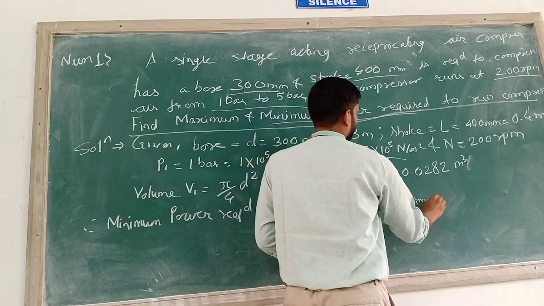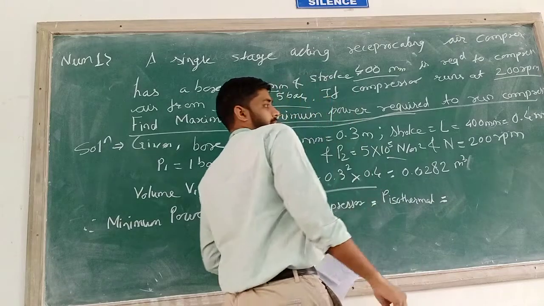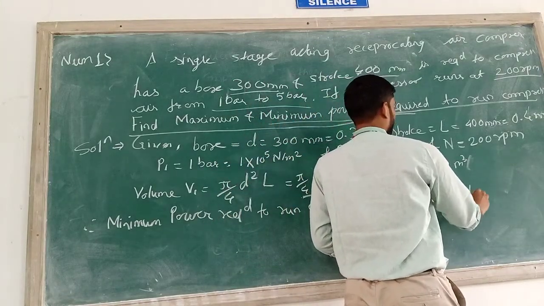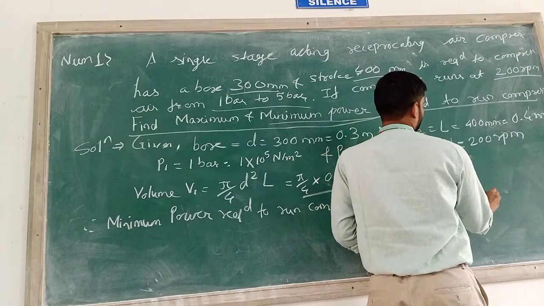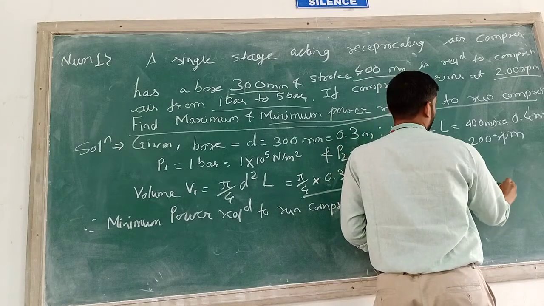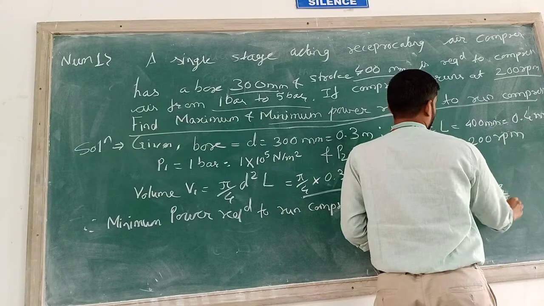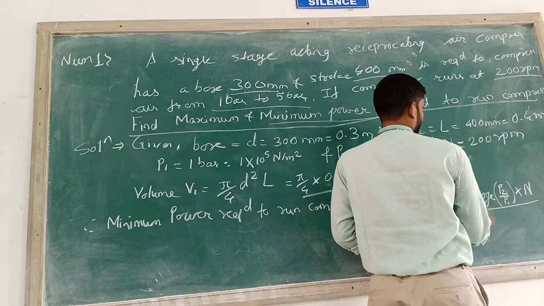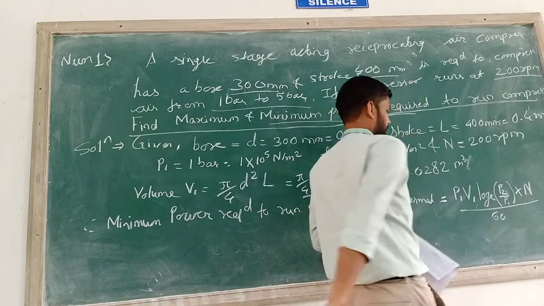The value of P isothermal is P1 V1 log base e of P2 by P1 into L upon 60.